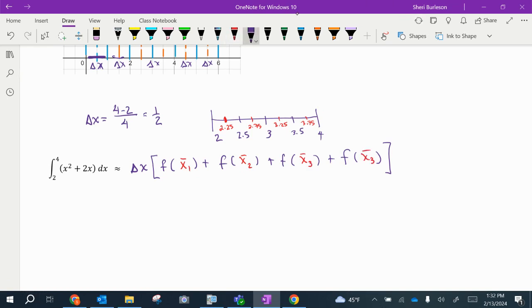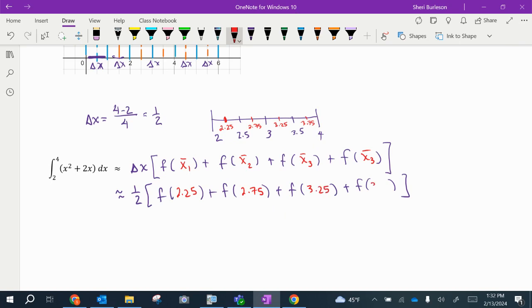So when I plug this in, I have delta x was 1/2, and I now have f of 2.25. Oops, I should do that in red. I'll put this in red so I see where it's coming from. So I have f of 2.25, f of 2.75, f of 3.25, and f of 3.75.